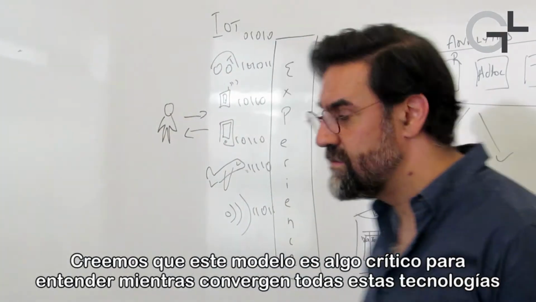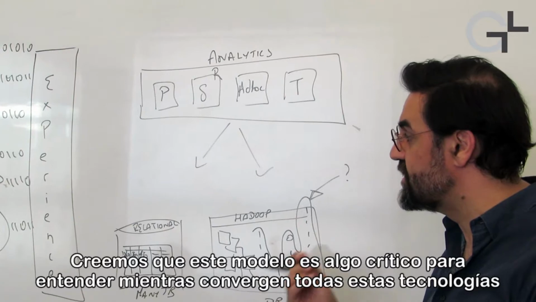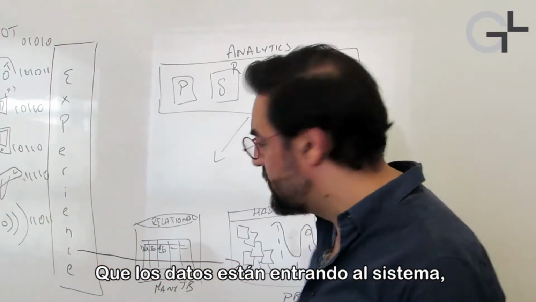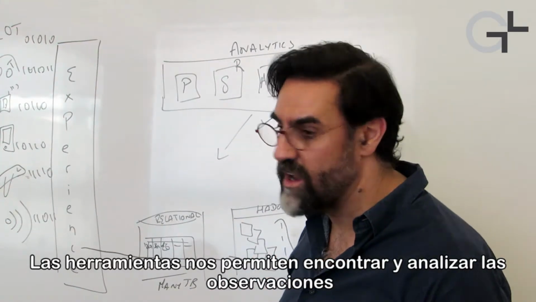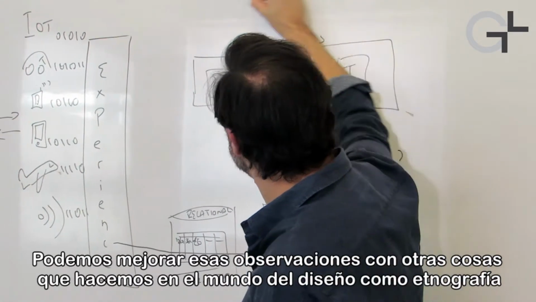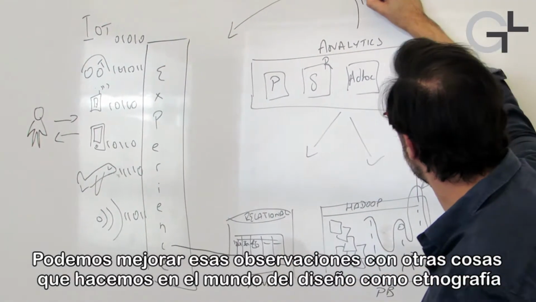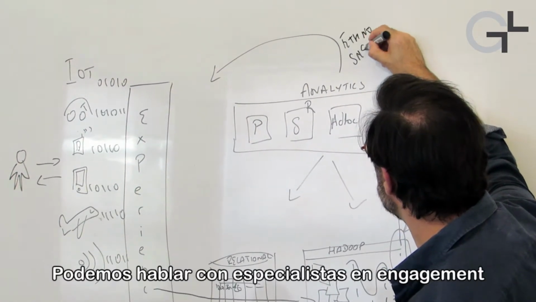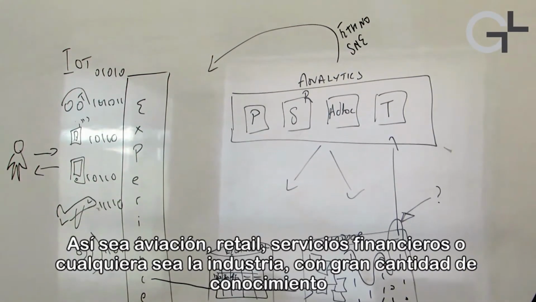We think this model is the critical thing to understand with all these technologies as they converge. The data is coming into the system, and the tools allow us to find and analyse the data and give us insight. We can enhance that insight with other things that we do in the world of design, such as ethnography. We can talk and engage with subject matter experts, whether it's aviation or retail or financial services, whatever industry.